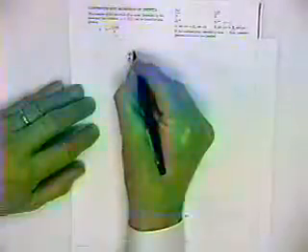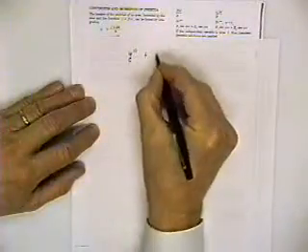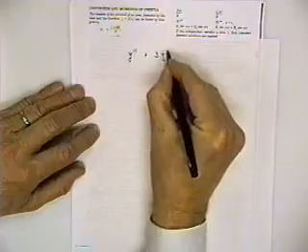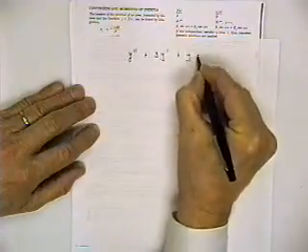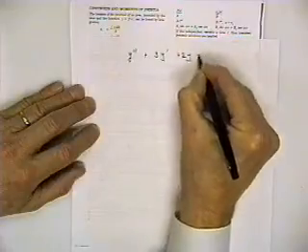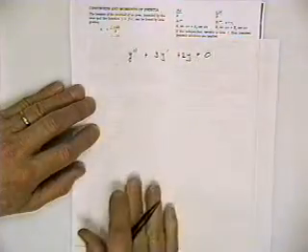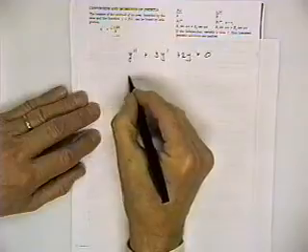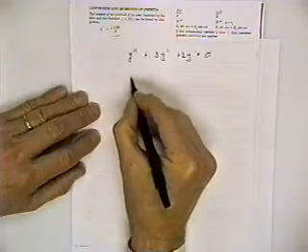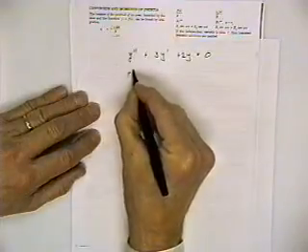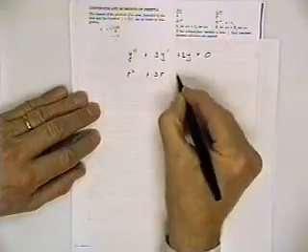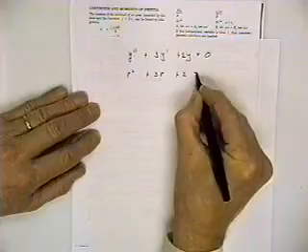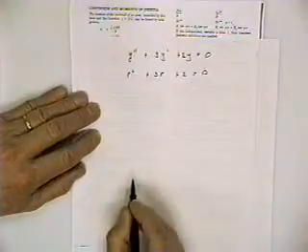Let me start off with this one. y double prime plus 3y prime plus, I want to make that 2y, equals 0. Okay? The equation for the characteristic roots is r squared plus 3r plus 2 equals 0.